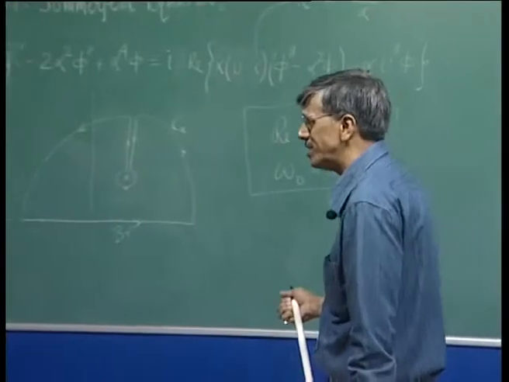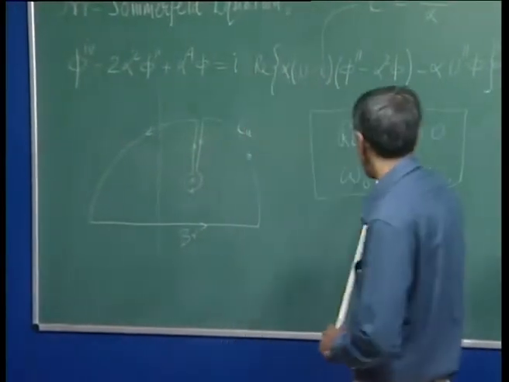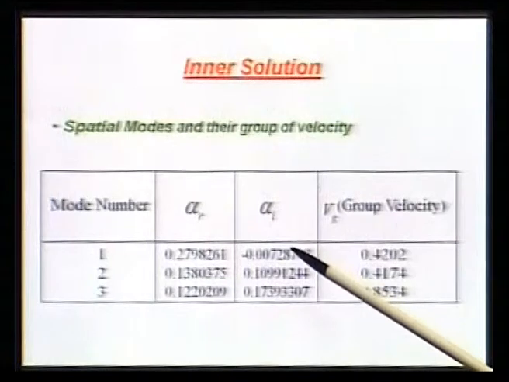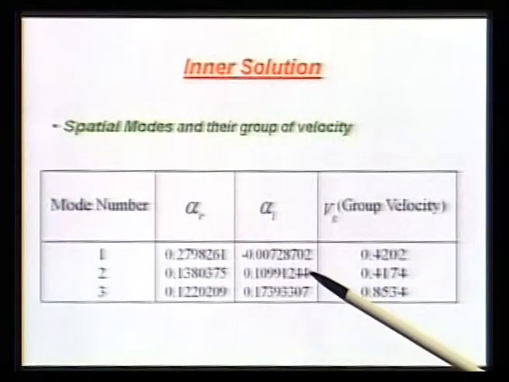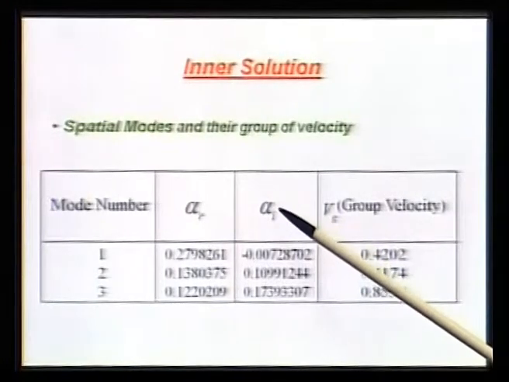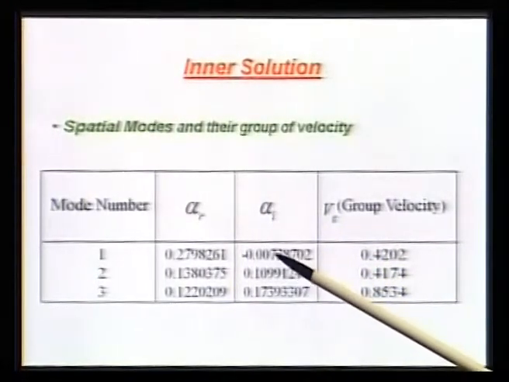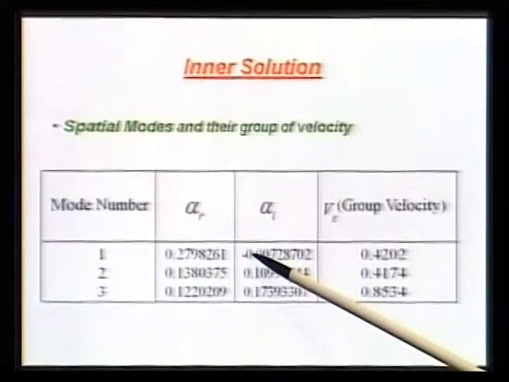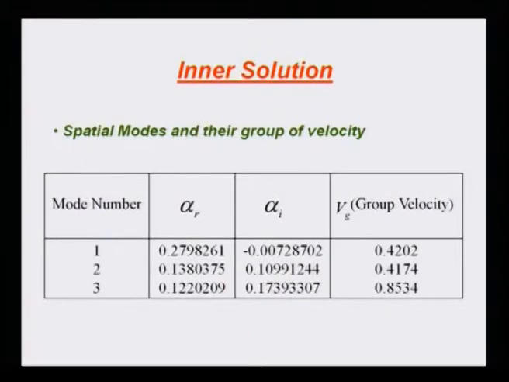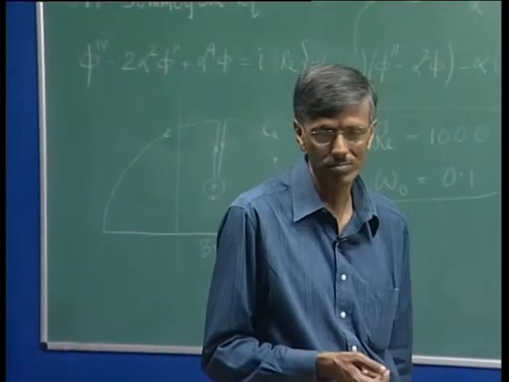So, if I do the grid search method for this parameter combination, lo and behold, you only have 3 modes, and those 3 modes are of course ordered in this particular manner in the way the magnitude of alpha I increases. What is the first one? First one is unstable, right, with a minus sign. This is what is called the Tollmien-Schlichting mode or Tollmien-Schlichting waves, right.